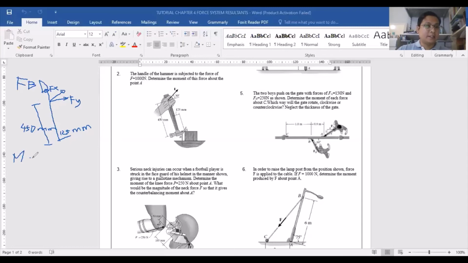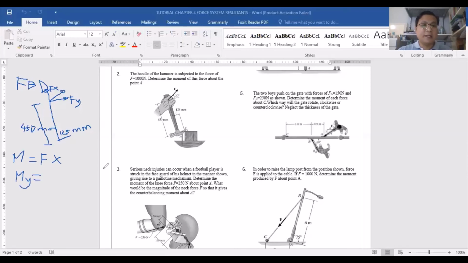We start with the formula of the moment, because same as question number 1, we have 2 moments working in this case. The first moment, if you consider this one y, we have a moment in y, and if you consider x direction, we also have a moment in the x direction. So we try to calculate the y first.